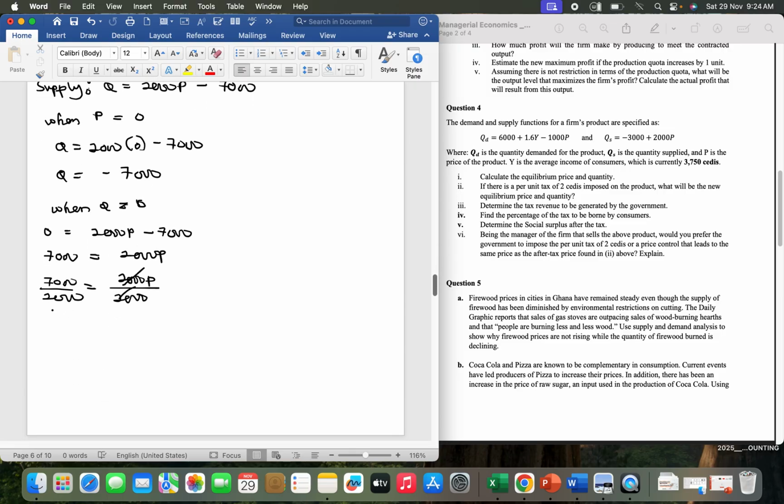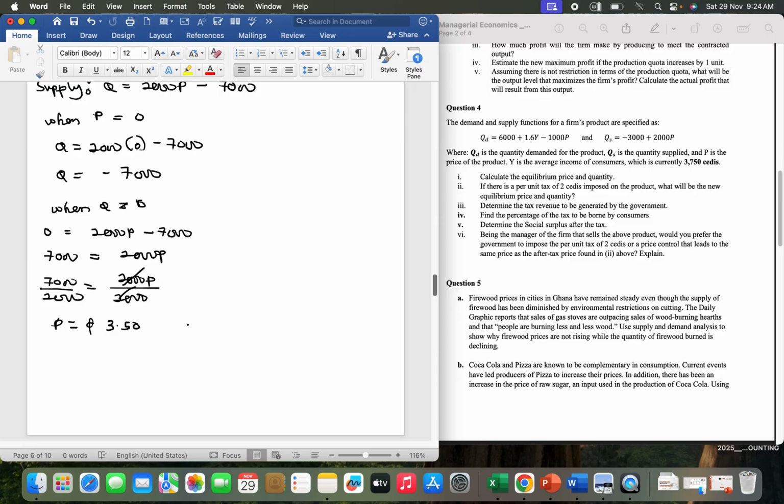Now p is equal to 7000 divided by 2000. That would give us 3.5.